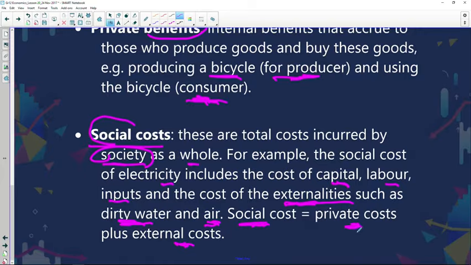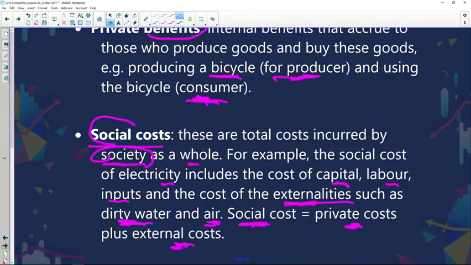All those activities contribute towards air pollution, and they could also make our water dirty because of the dumping that gets done in the process of manufacturing those natural resources. And then we said that our social cost equals our private cost plus our external costs.